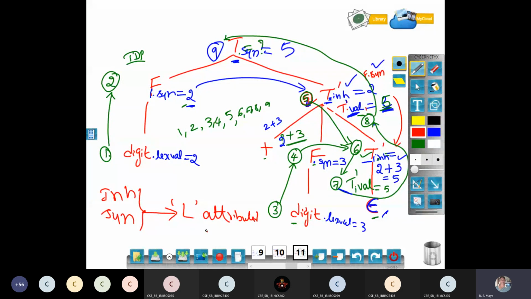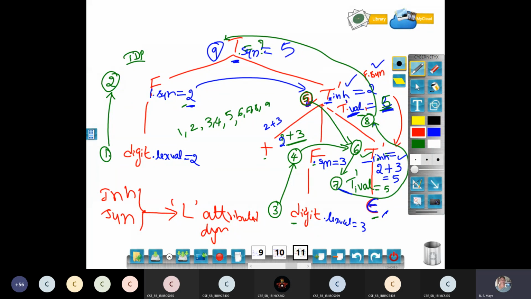If any annotated parse tree contains both synthesized as well as inherited attributes, then it is called L attributed definition.